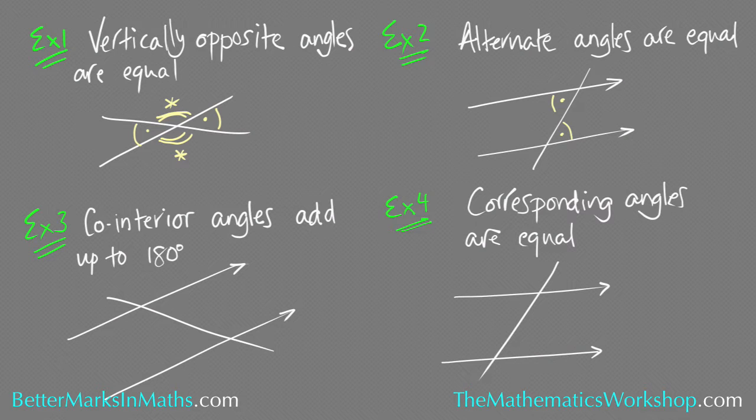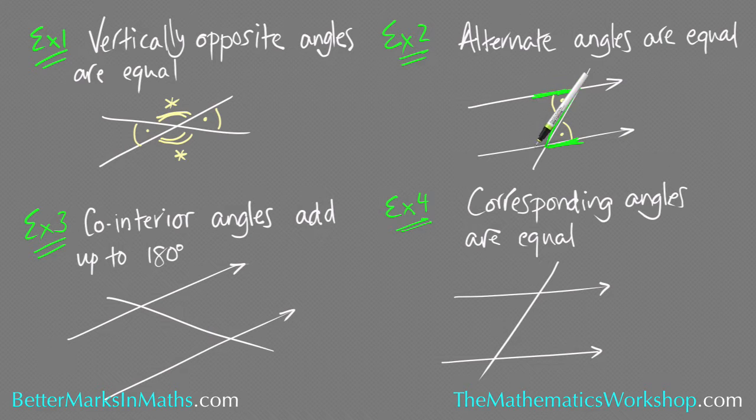So using a different color, if I was to draw along there, making that green, and you can see I missed that line. So there's a green Z. The Z in this diagram shows a pair of alternate angles, and they are always equal to each other.